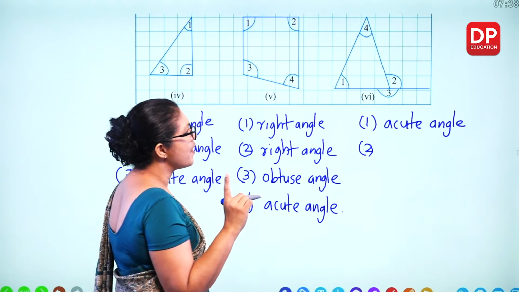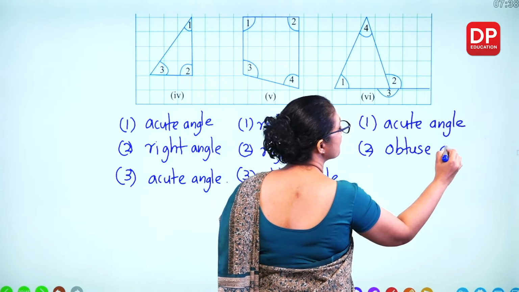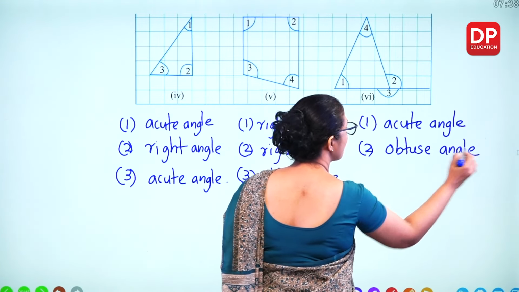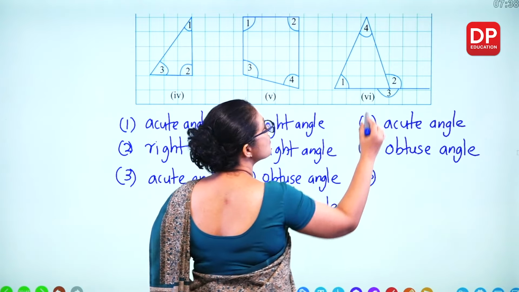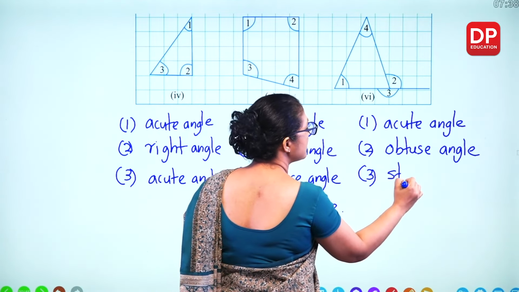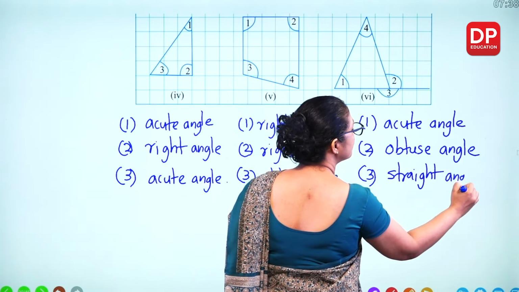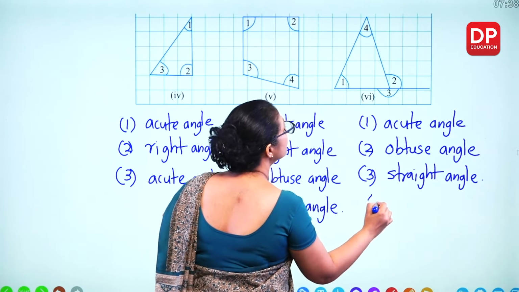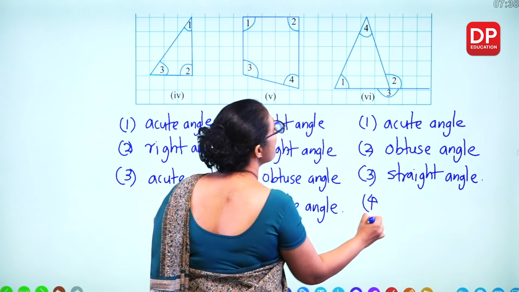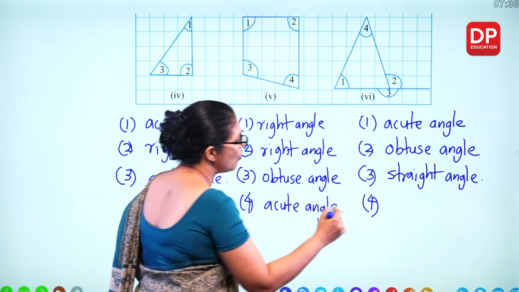Number 2, more than a right angle, that's obtuse. This one, a straight line. So you get a straight angle. Fourth one, that's a small one, less than a right angle, that's an acute angle.